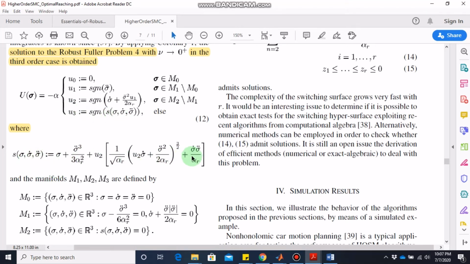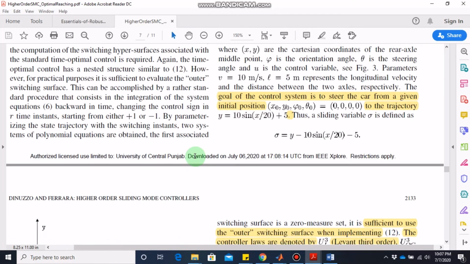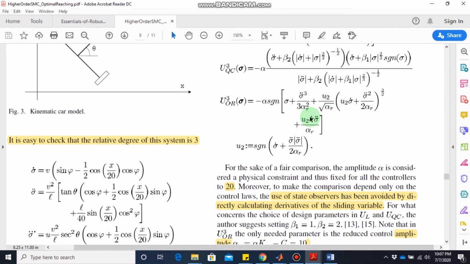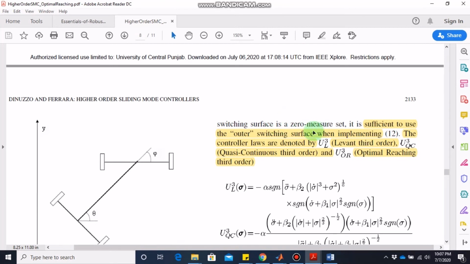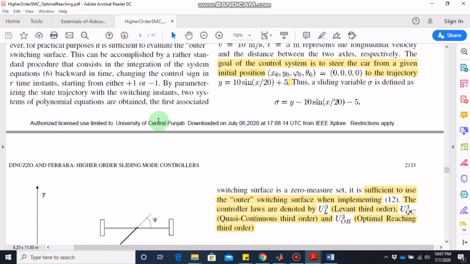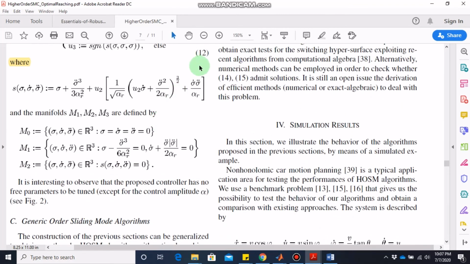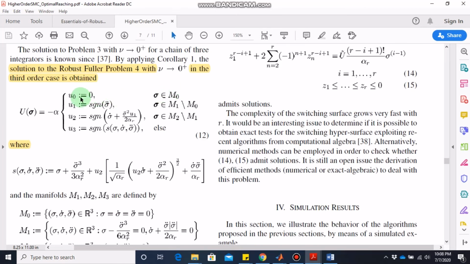So if you compare, what we have used in the simulations is only U3. But the authors have justified this, stated this already in the paper, that the switching surface is a zero measure set. It is sufficient to use the outer switching surface when implementing equation 12. So this is equation 12. So they have said that for this particular case study it is okay just to use this outer surface and ignore these surfaces.